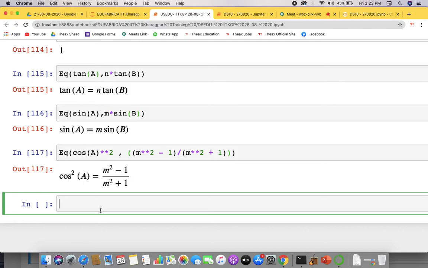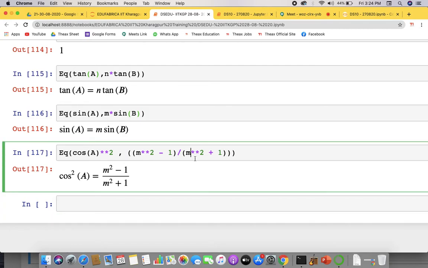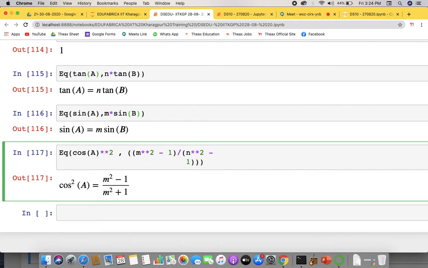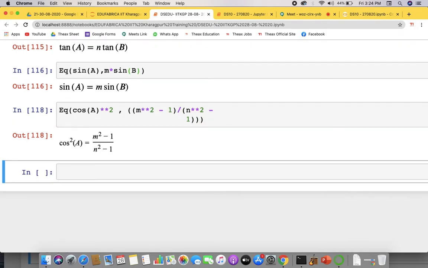Oh, one second, this is n square. Sorry, m square minus 1 and n square minus 1. This is the equation, like this.